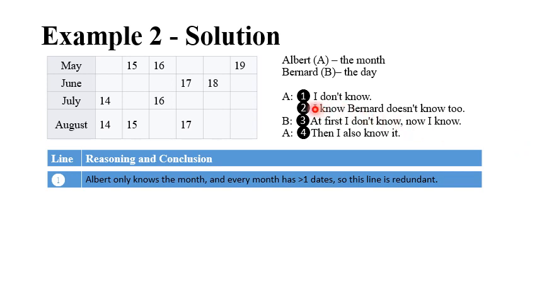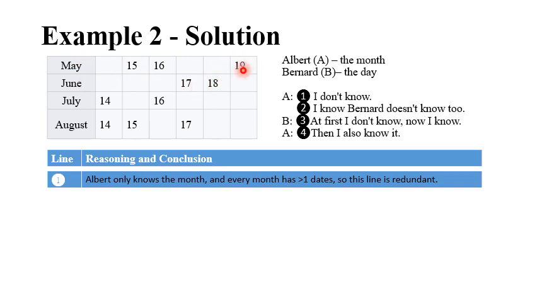Next, Albert continues, I know Bernard doesn't know too. Bernard is actually given the day. In the case that Bernard is given 18 or 19, then Bernard would know the birthday of Cheryl's, either May the 19th or June the 18th.